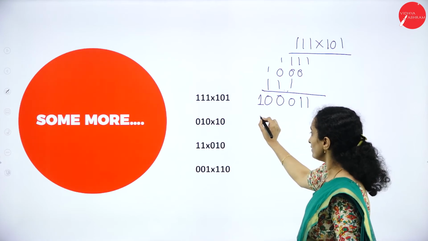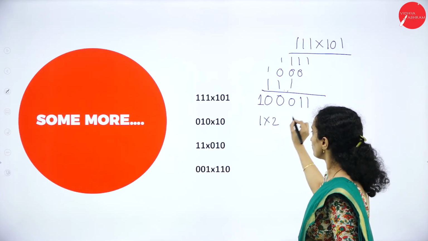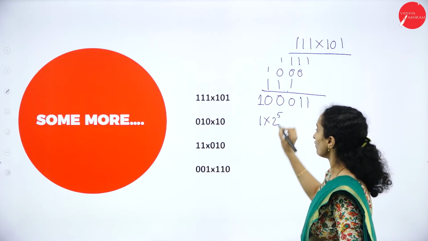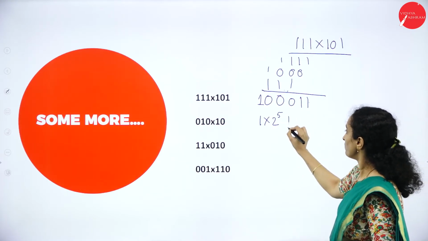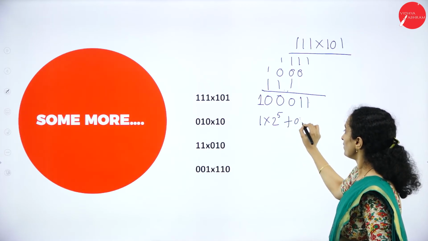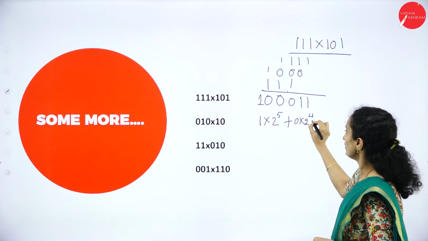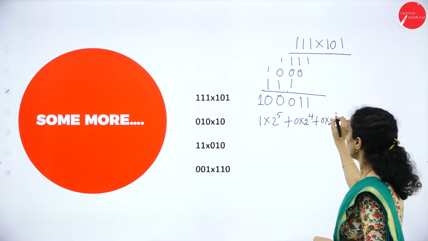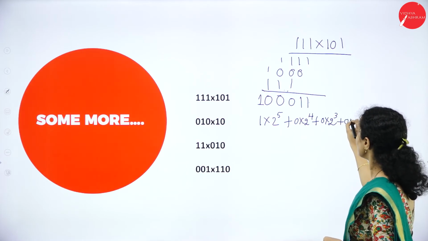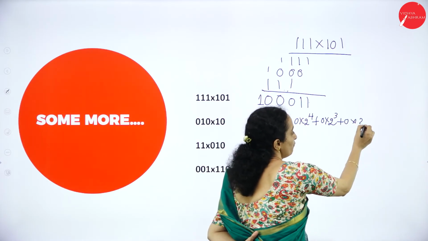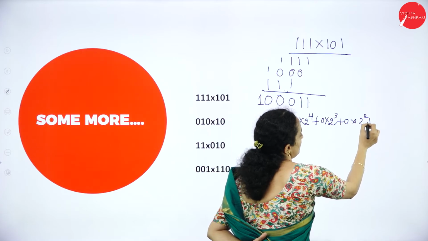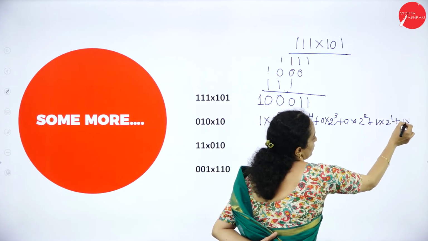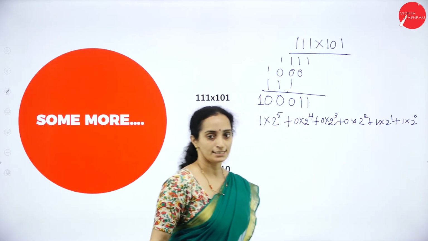When you check with the values, 1 into 2 to the power of 5 plus 0 into 2 to the power of 4 plus 0 into 2 to the power of 3 plus 0 into 2 to the power of 2 plus 1 into 2 to the power of 1 plus 1 into 2 to the power of 0.